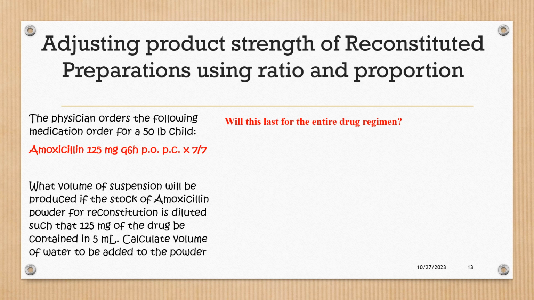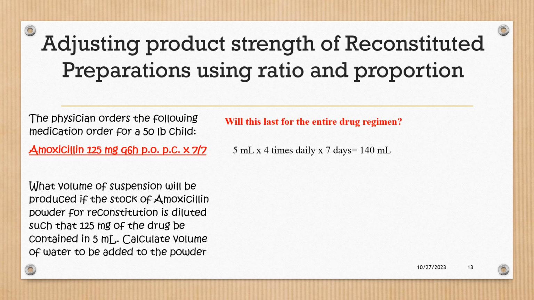So you have 125 milligram every 6 hours, and that is to be given for 7 days. Let's work this out. Recall in our previous lessons, we looked at dose, frequency, and duration, and that information will help us to calculate how much of the medication to be dispensed.